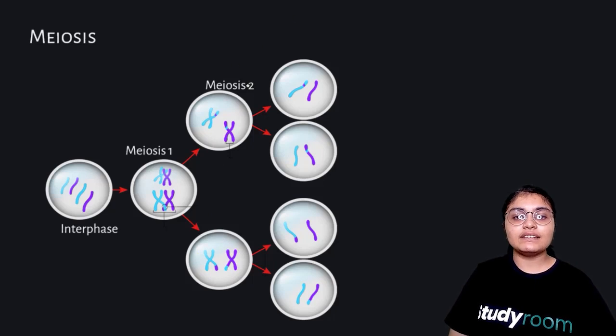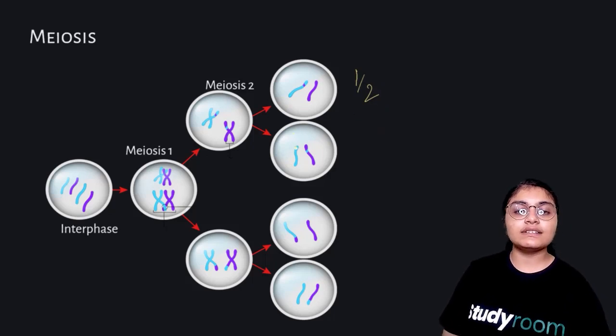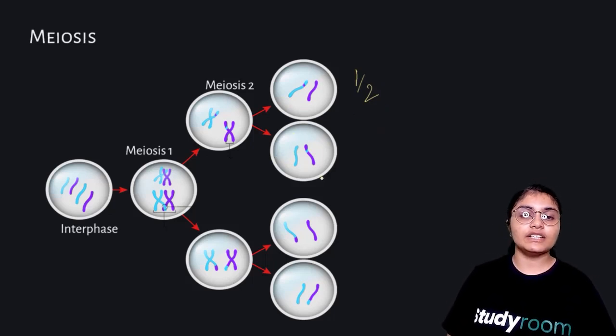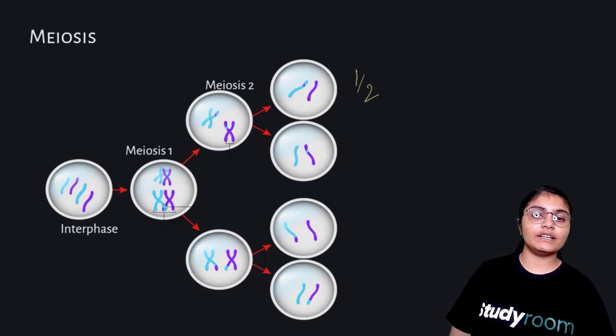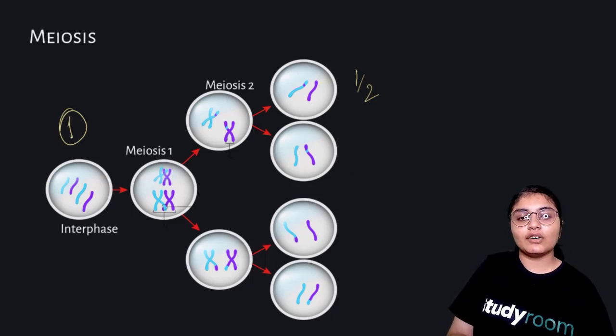Then these 2 chromosomes again divide into chromatids, and they have half the content of the DNA. So this is how in meiosis we have the formation of half the DNA content in the daughter cells. In the parent cell we have the full DNA content, but in the daughter cells we have half the DNA content.